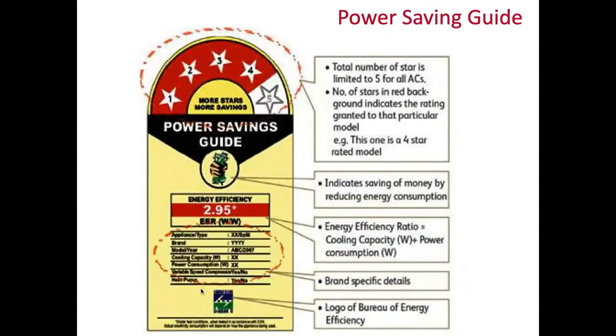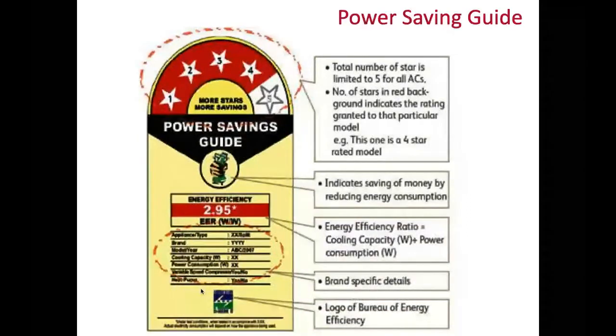The greater the number of stars, the greater the efficiency, right? Where the EER, the energy efficiency ratio, will be there. And one important thing to note here is that the energy efficiency ratio is given in watt per watt, which is also the same as COP, right?